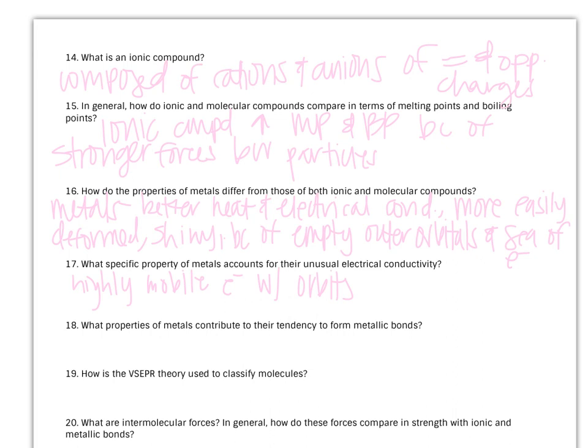And the highly mobile electron within the orbitals is because of the sparsely populated outer orbitals.